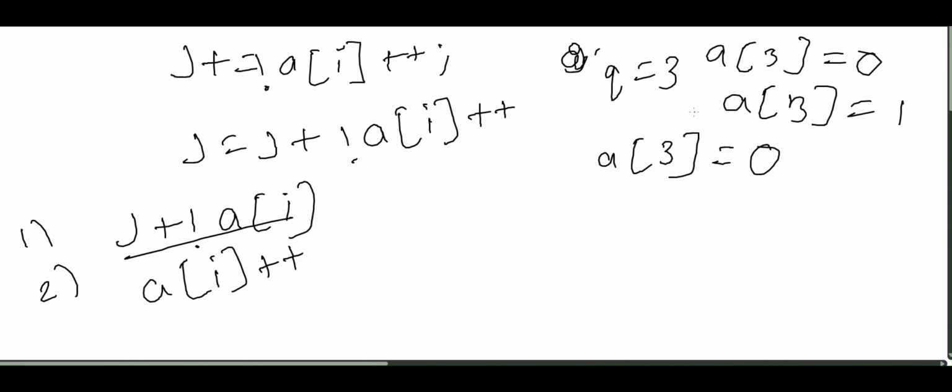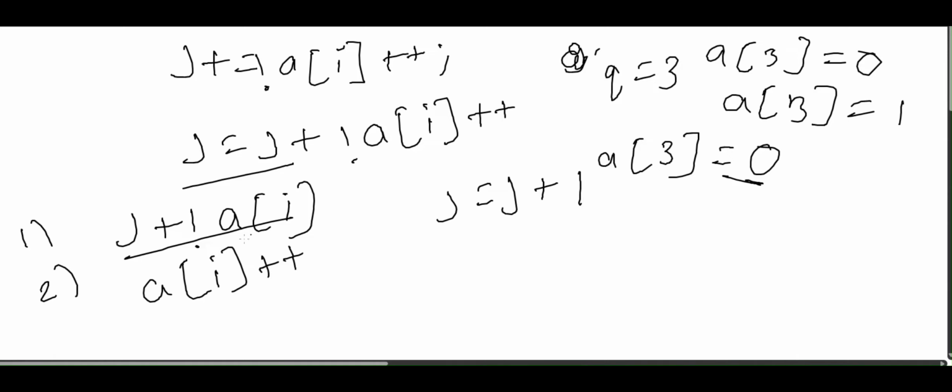So when I is 3, j is equal to j plus, a[3] its value is 0, but this exclamation mark will convert it into 1.